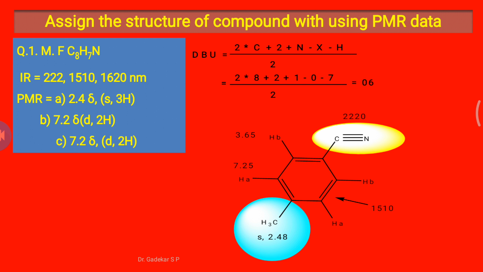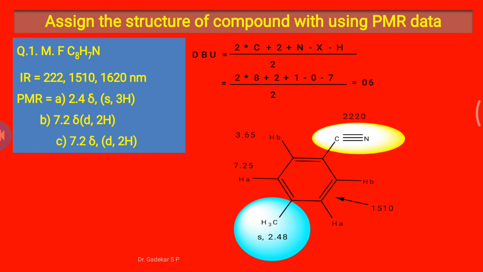So, in the PMR data, 3 signals are observed. The first is at 2.4 delta, a singlet for 3 hydrogens. The second is at 7.2 delta, a doublet for 2 hydrogens, and the third signal is also a 7.2 doublet for 2 hydrogens.